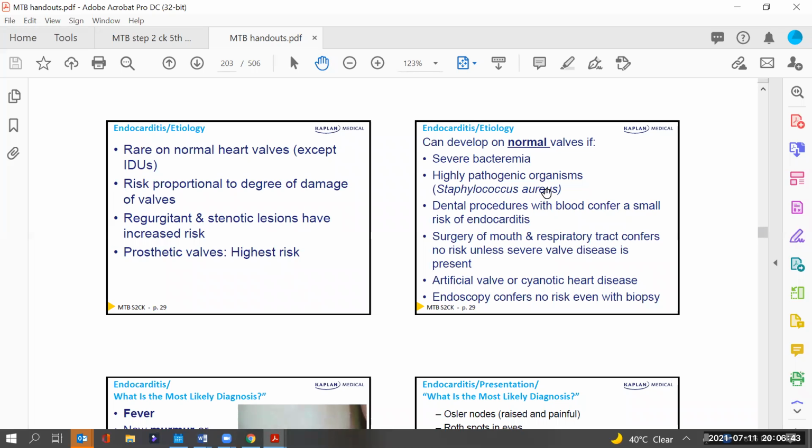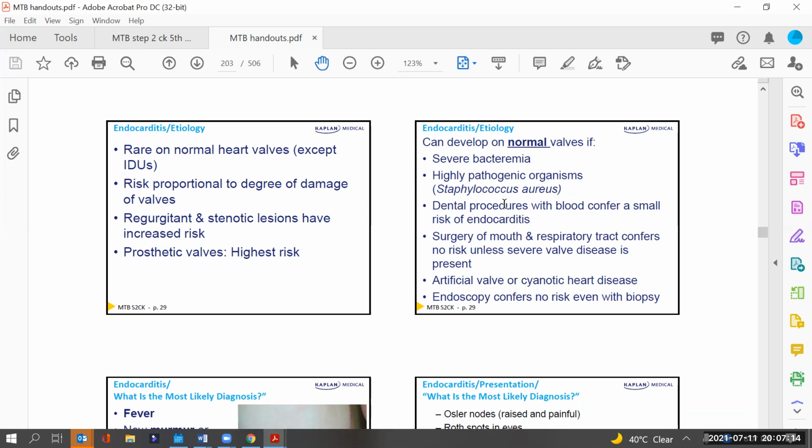Highly pathogenic organism. Which organism is this one? It is the bacterium Staphylococcus aureus, we have to remember this one. So if there is any history of infection that is caused by staph, that is again very important. Say, for example, Staphylococcus aureus is also very common in pharyngitis, right? So look for any previous history. Maybe the patient has a previous history of throat infection, or it's mentioned only as throat infection, or maybe there is any clue pointing towards pharyngitis.